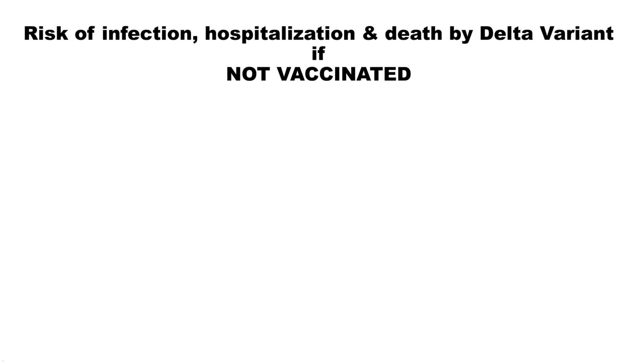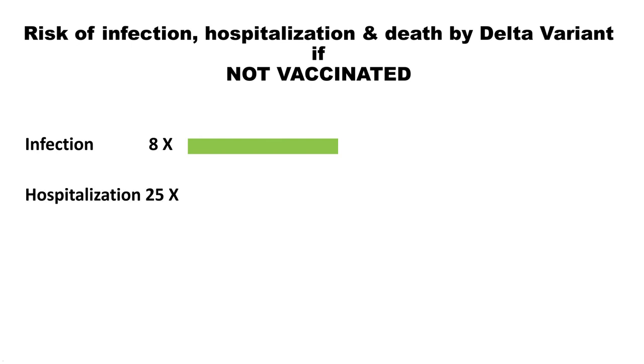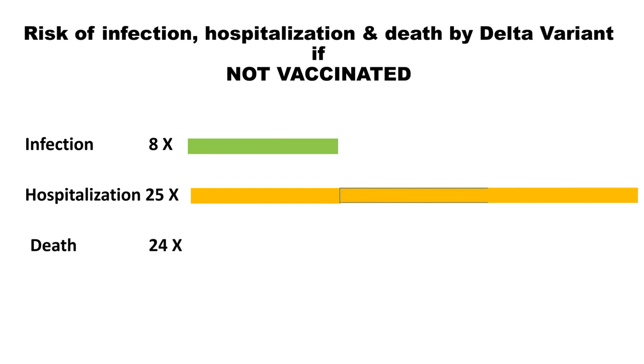So the risk of infection, hospitalization and death by Delta variant if a person is not vaccinated is 8-fold for infection and 25-fold for hospitalization and 24-fold for death.